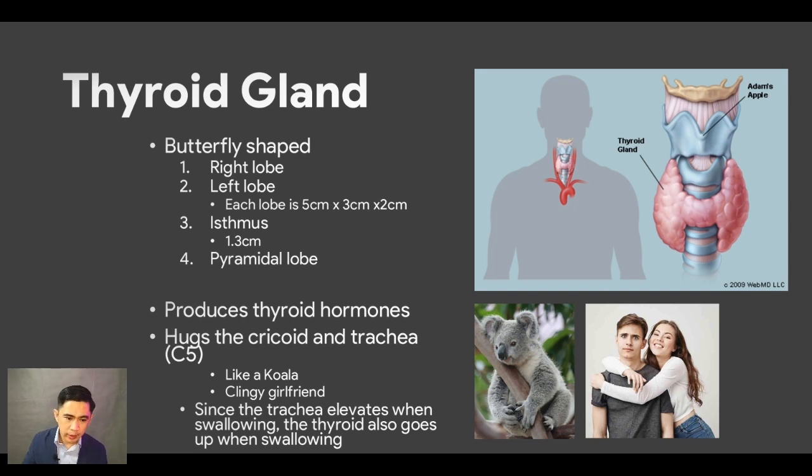So when you examine a patient with a thyroid abnormality, you tell them to swallow because you may be able to delineate if the mass is indeed a thyroid mass when it goes up when swallowing. The trachea elevates when swallowing, so the thyroid also elevates when swallowing. So that's a technique we do in examining our patients with thyroid tumors or masses.